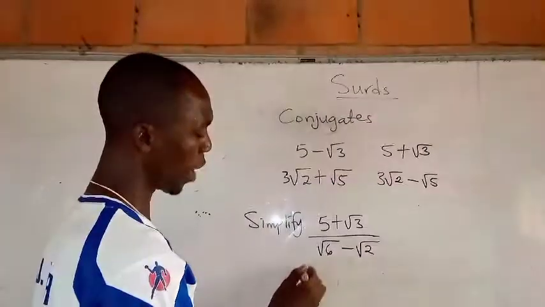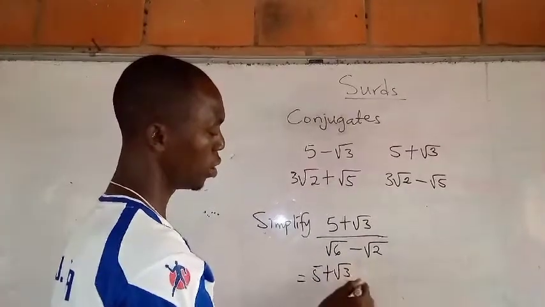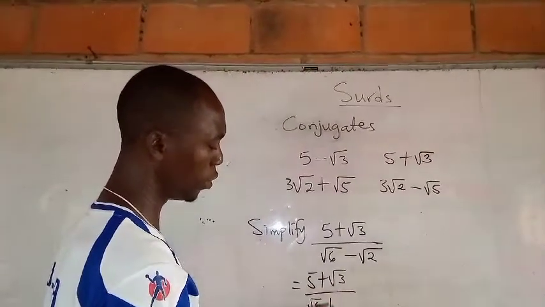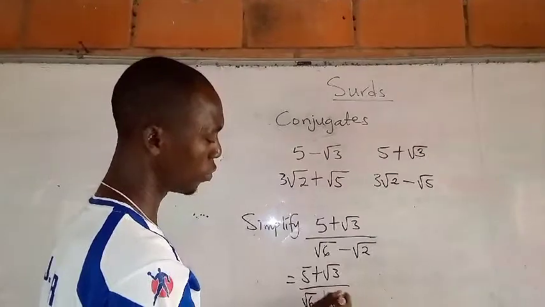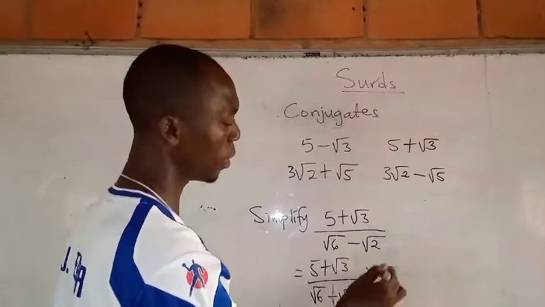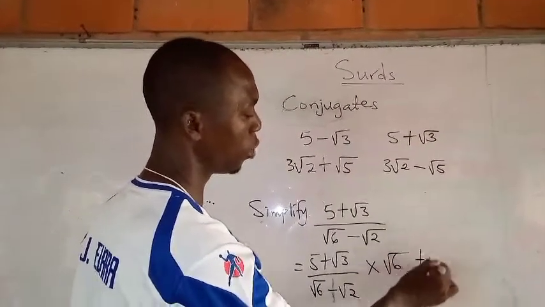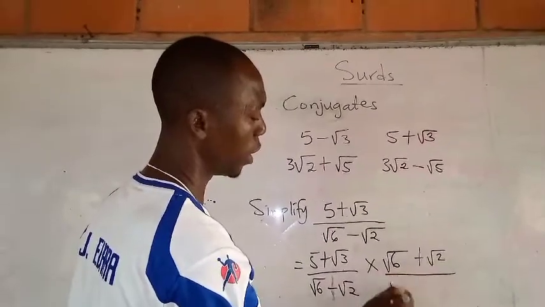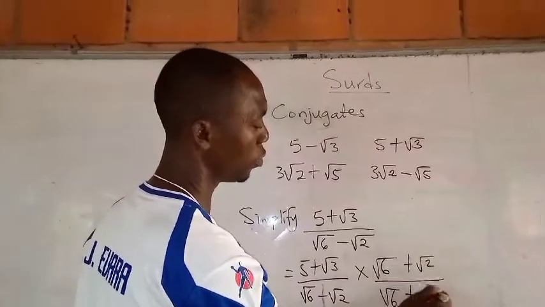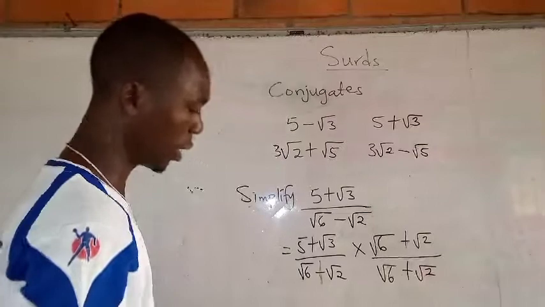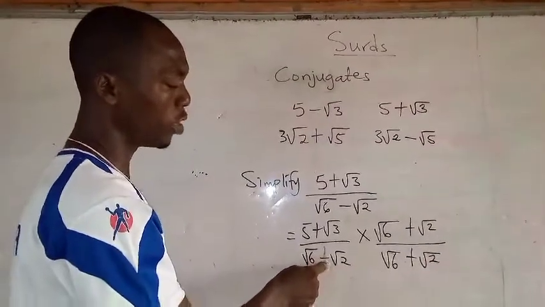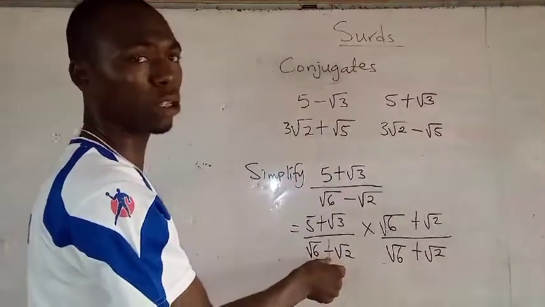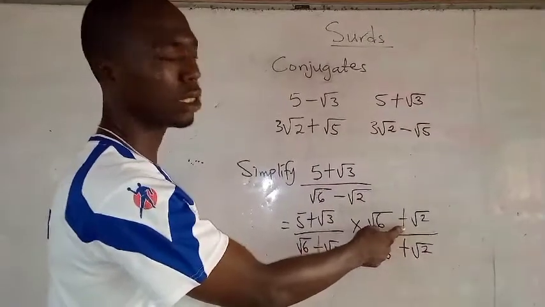This will be 5 plus root 3 over root 6 minus root 2 multiplied by root 6 plus root 2 over root 6 plus root 2. So we can see now that the conjugate of this is just to change this minus to a positive sign.